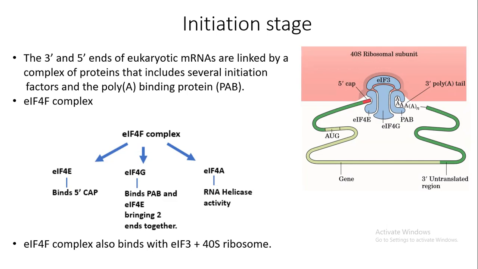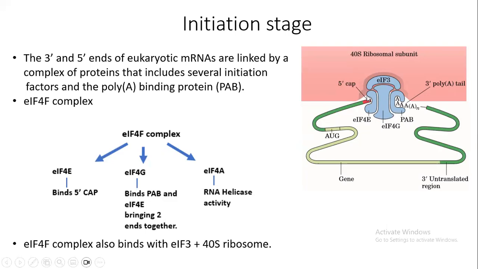First modification is at the 5 prime end, and the modification is known as capping. So this modification takes place at the 5 prime end, known as a 5 prime cap. And similarly, poly A tail is added at the 3 prime end of messenger RNA by polyadenylation reaction. So these modifications have two functions respectively.